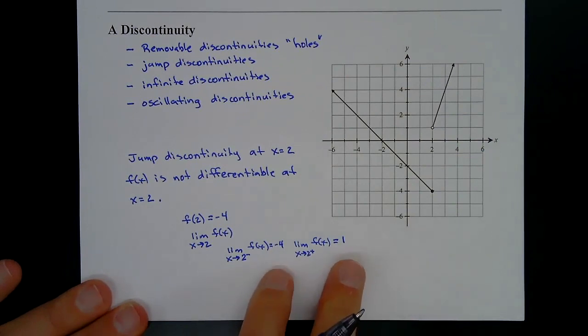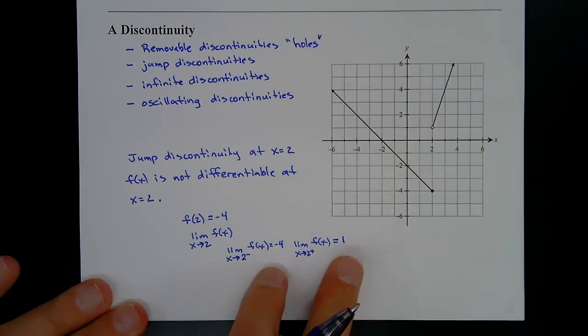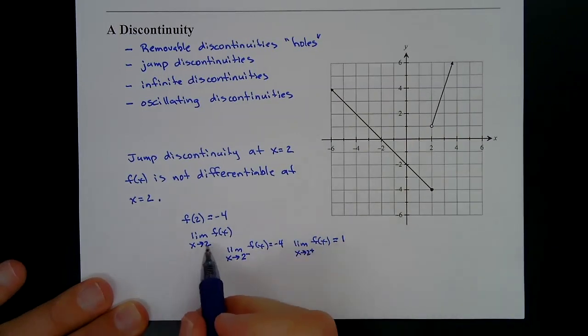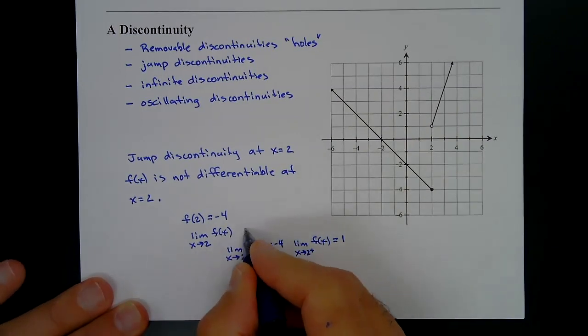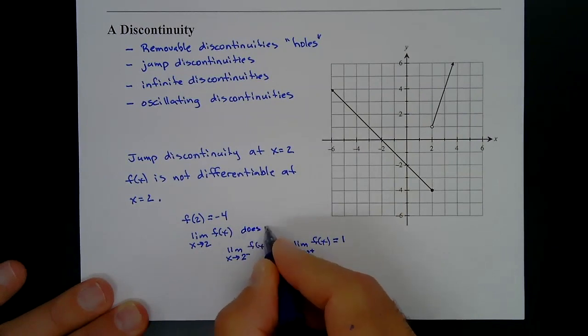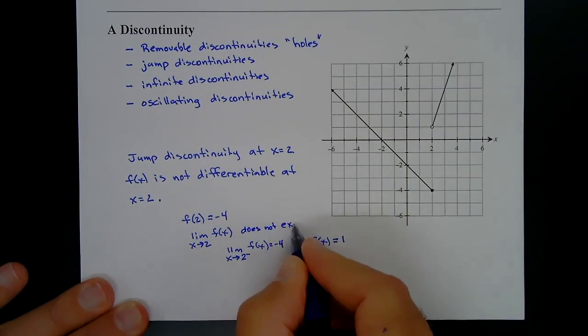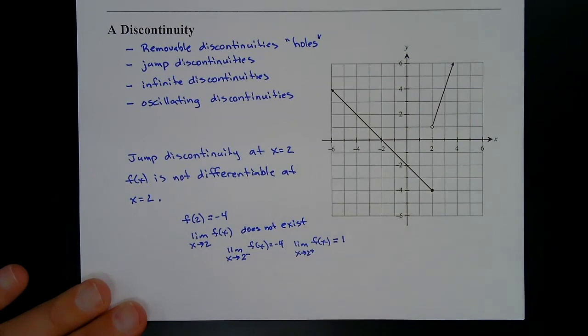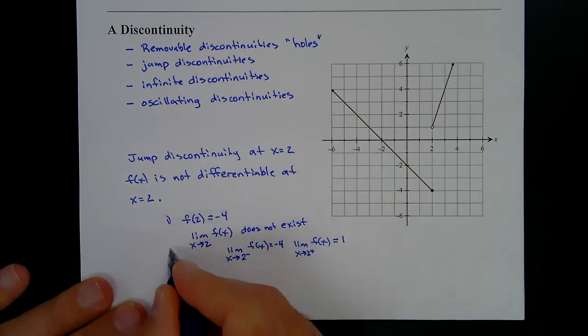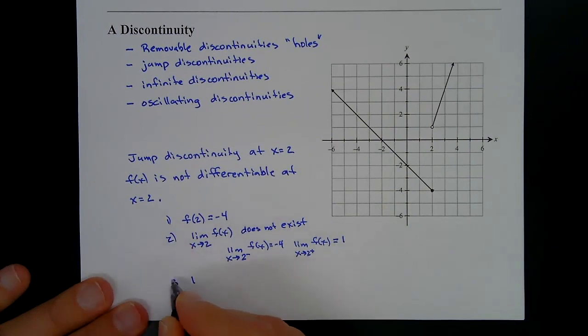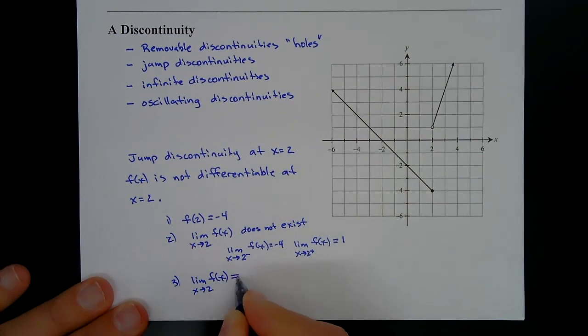And that's what causes this to be called a jump discontinuity: the one-sided limits are different. Which means the limit as x approaches 2 of f of x does not exist, or DNE. The third part is that the limit as x approaches 2 of f of x does not equal f of 2.